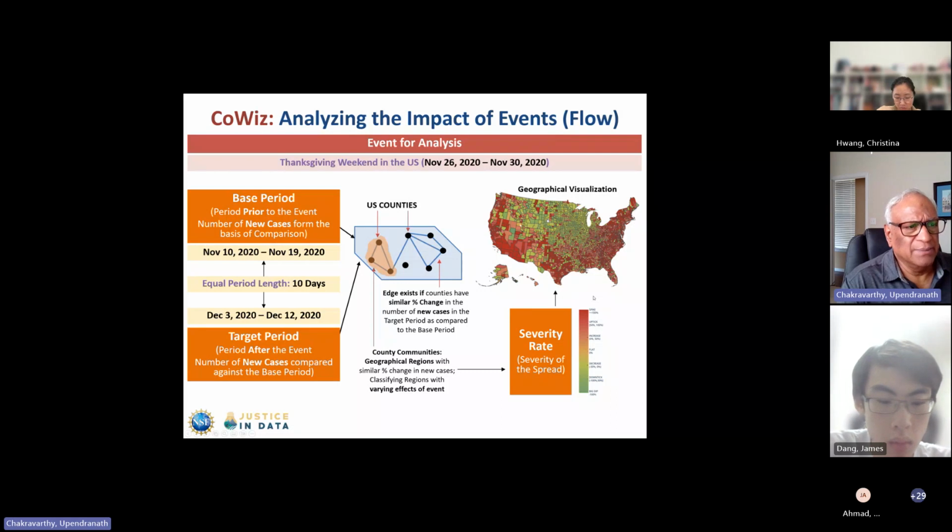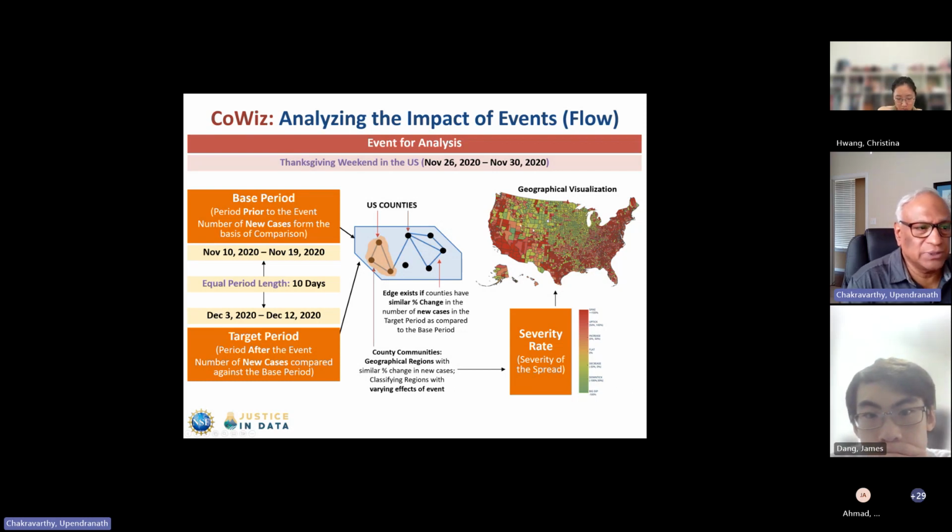So what does it mean? For this event, the red ones are the ones where there was a spike in new COVID cases, and the green and other colors have less increase. You can see that some regions had a much higher spike compared to other regions for the same weekend.